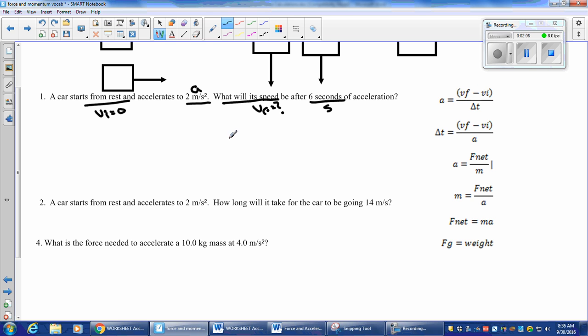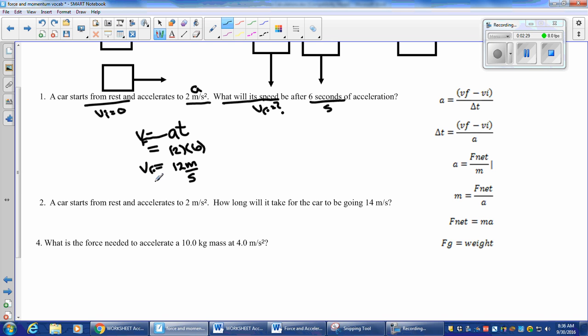I'm going to put this equation up on the board for y'all so you don't have to think about it too much: velocity final is acceleration times the amount of time, if we're starting from rest. Let's plug in our numbers: 2 times 6 seconds, so we end up with 12 meters per second as our velocity final.